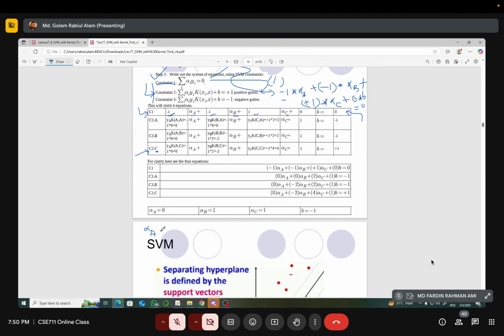Then yi is ya. Then k, that is the kernel of dot products xi. So xi is, in that case, a, because we are considering the data point a, and this x is fixed.